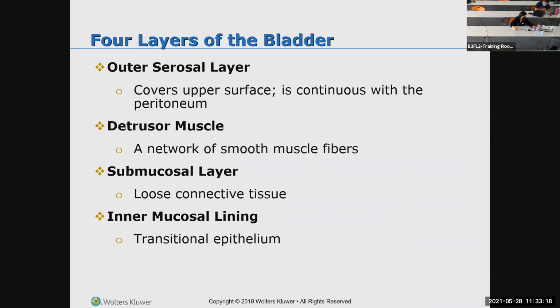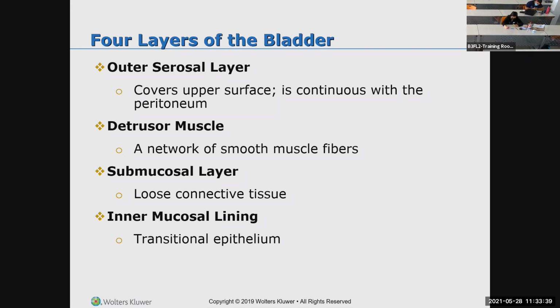Now, the four layers of the bladder. The outermost serosal layer covers the upper surface and is continuous with the peritoneum, so the superior surface of my bladder is covered by peritoneum.